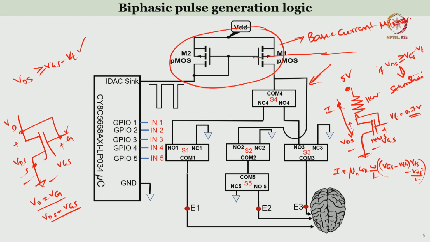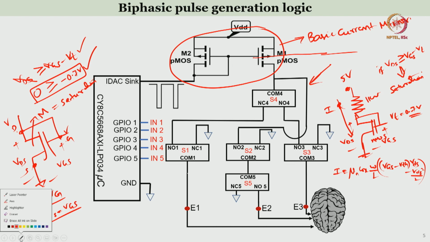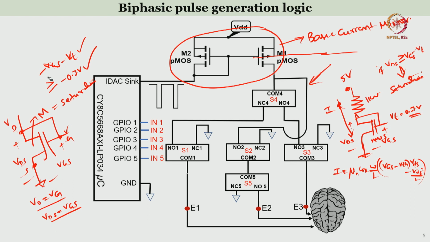If Vds is equal to Vgs, means these two are same. So, 0 greater than or equal to minus 0.7 volt. Is this condition true? Correct. So, this is true. That means this transistor M is definitely in saturation, right. If that condition is not true, then it is in the linear region, clear, right. So, once you are sure that this is in the saturation region, correct.